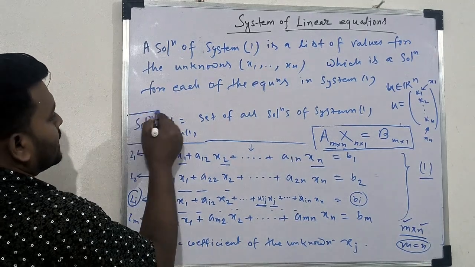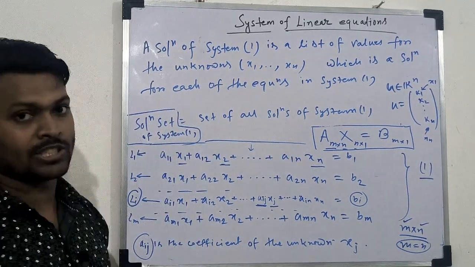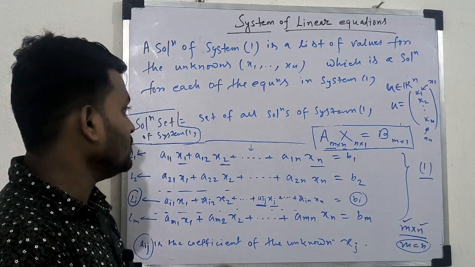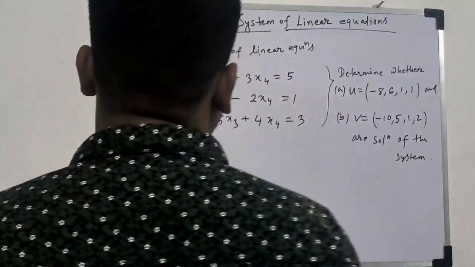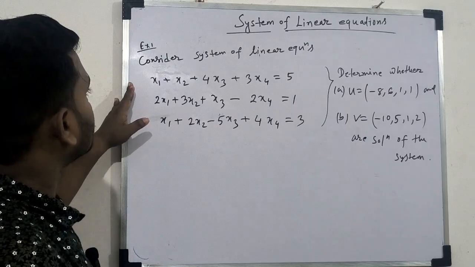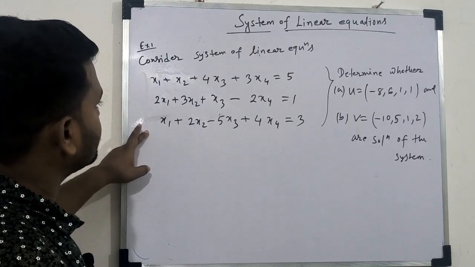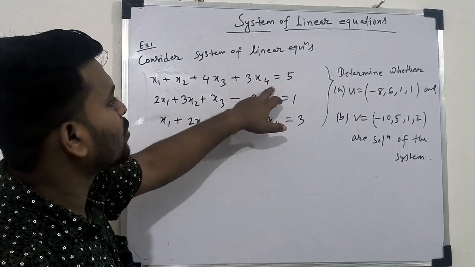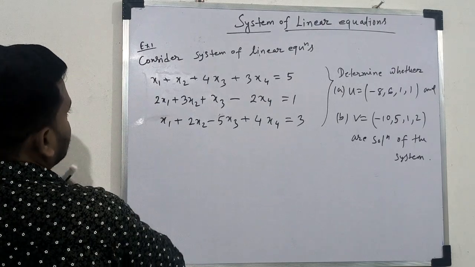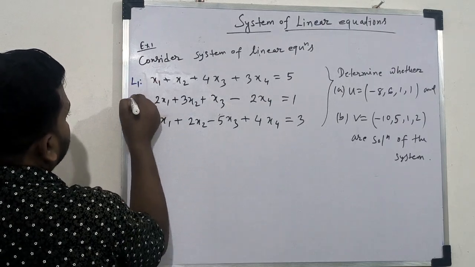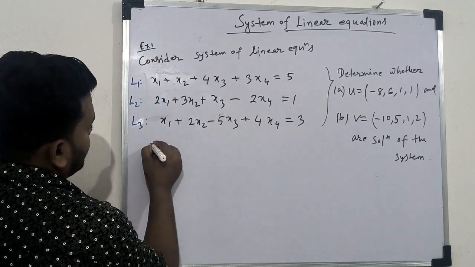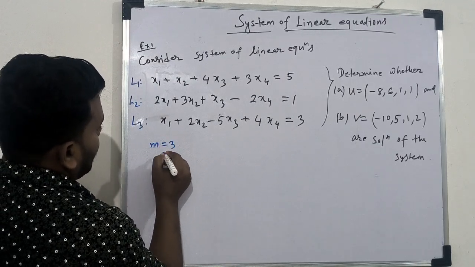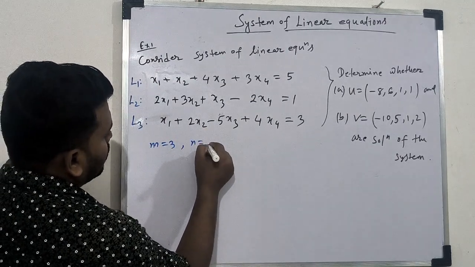And what is the solution set for this system? The set of all solutions of this system is called the solution set. Let us take an example. Given this system, where x1, x2, x3, x4 are unknowns and three equations are there, L1, L2, L3, so m equals 3 and n equals 4.